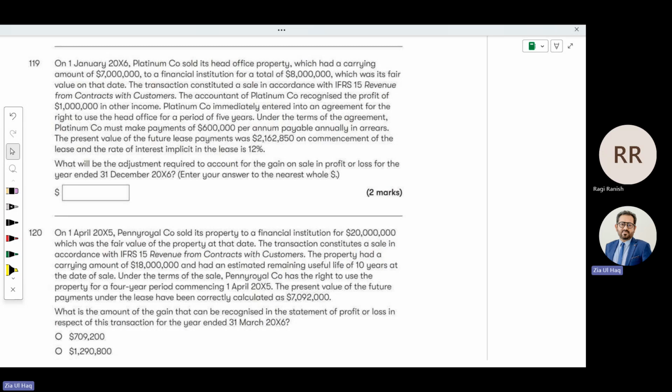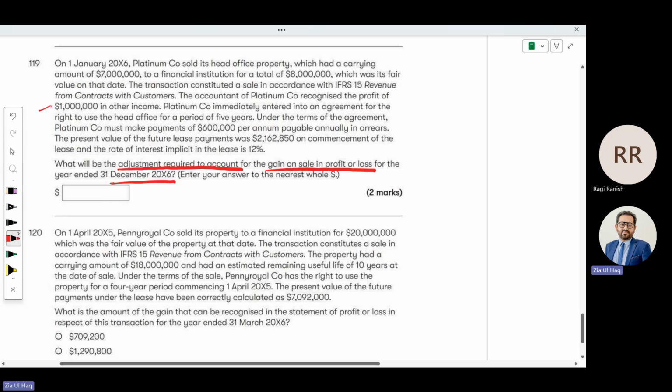Under the terms of the agreement, Platinum Company must make a payment of 600,000 per annum, payable annually in arrears. The present value of the future lease payments on commencement of the lease is this, and the rate of interest implicit in the lease is 12%. What will be the adjustment required to account for the gain on sale in profit or loss for the year ended 31st December?